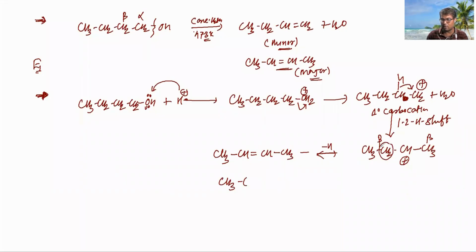If we remove the hydrogen from one beta carbon atom, we get 2-butene as a product, and if we remove it from the other carbon atom, we get 1-butene.